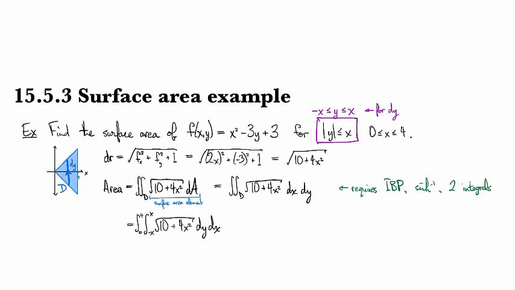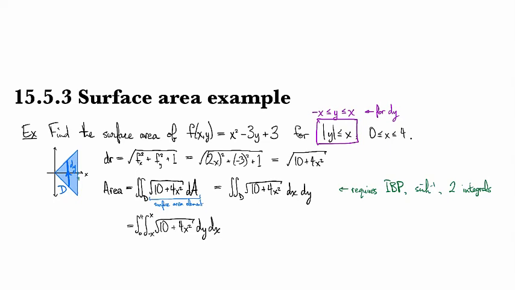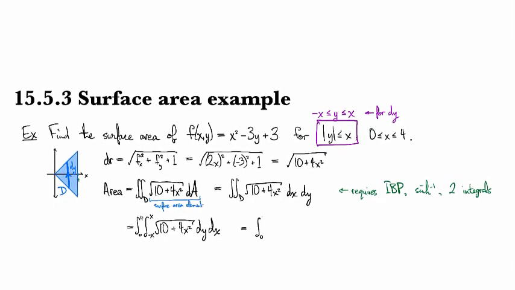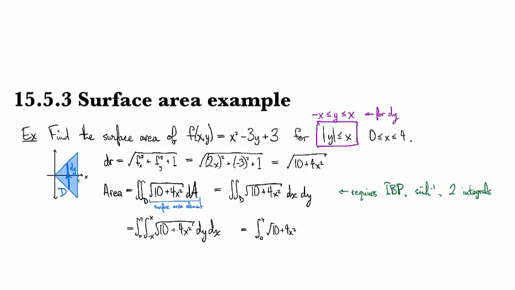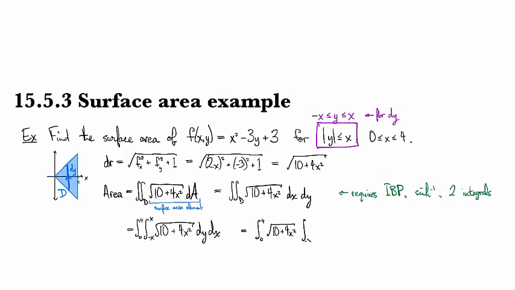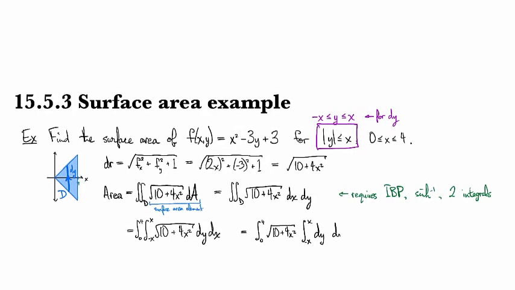Doing the y integral, I can go from 0 to 4, and I can pull out the square root of 10 plus 4x squared outside, and then I have the integral from minus x to x dy, and then dx.